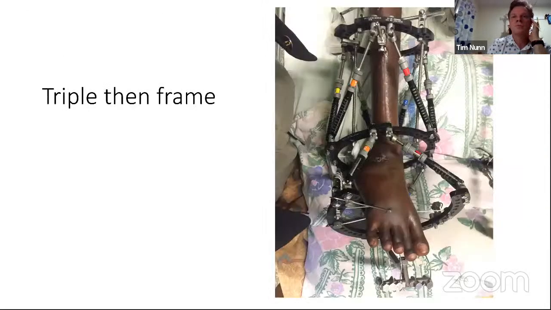Classically, we push those into a slightly overcorrected position and leave them for a while before removal of the frame. Gratifyingly, we've had better results with adolescents with clubfoot with this technique. Thank you for listening.